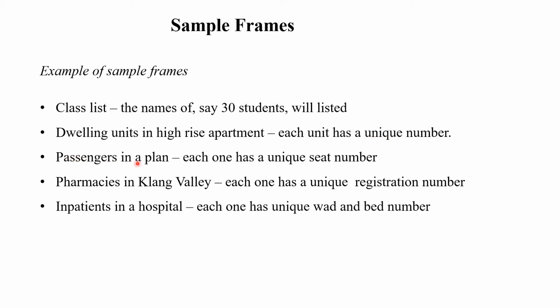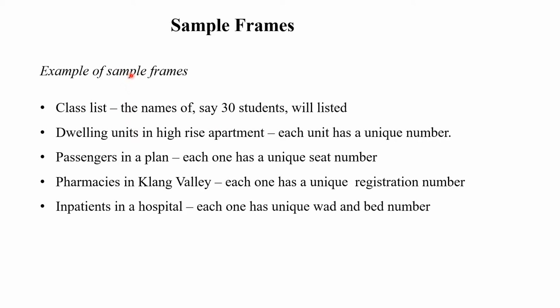Passengers in a plane. Each passenger is given a unique seat number. Nobody shares seats. So for all the passengers sitting in a plane, we have the sample frame. We know who's sitting where. Pharmacies in Glen Valley. Again, registered pharmacies, each one of them has a unique registration number. So take the list of all the pharmacies in Glen Valley.